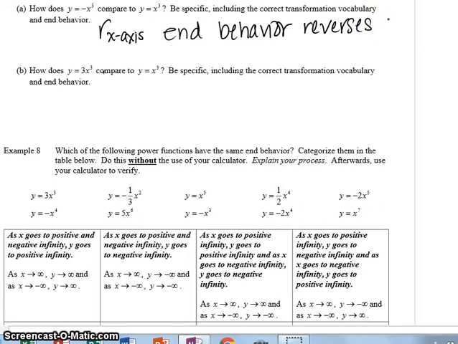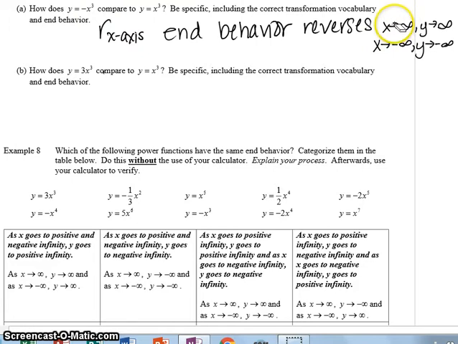Normally, for x cubed, as x approaches positive infinity, y also approaches positive infinity, and as x approaches negative infinity, y approaches negative infinity. Well, that completely reverses when you put in the function y equals negative x cubed.